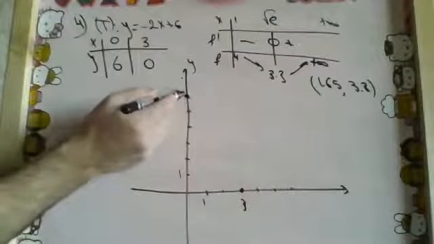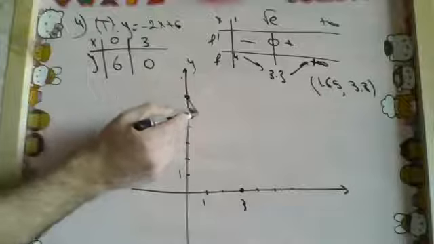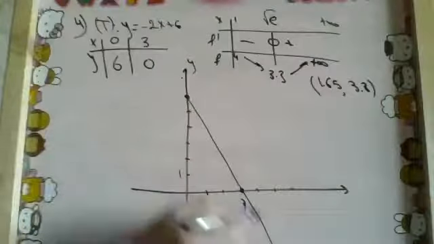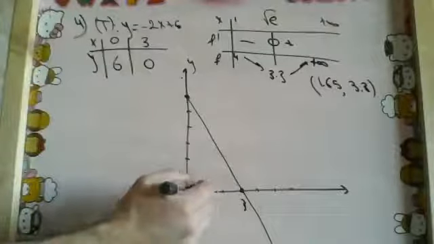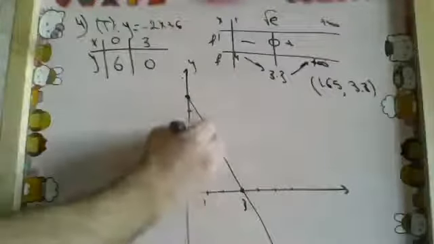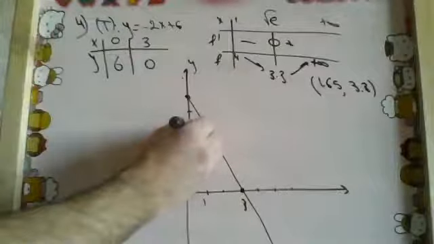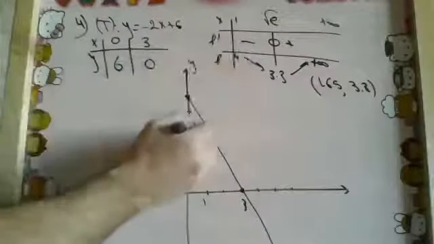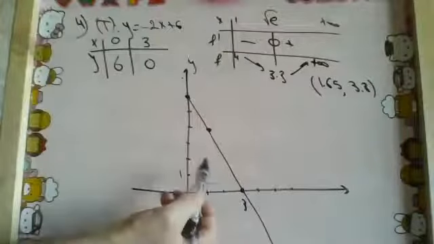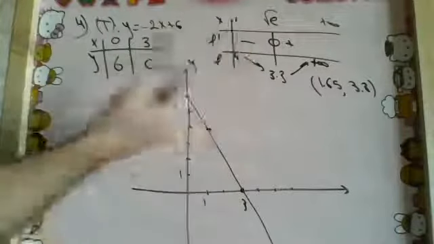Here is the tangent line to the curve at the point of abscissa 1. At 1, 4, the point of tangency, right? 1, 4.